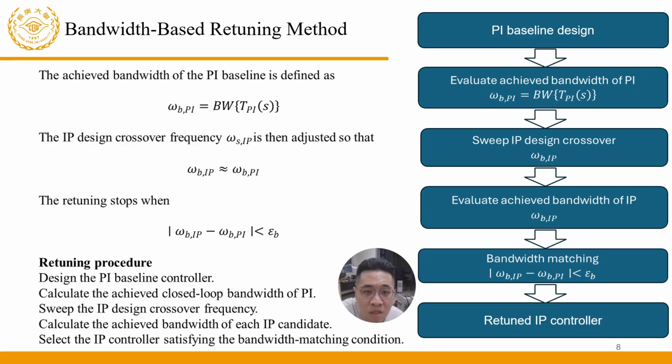We keep tuning until the difference between the two bandwidths is small enough. After this process, we obtain the IP2 controller. So IP2 is designed to match the real performance of the PI controller, not just its original design value.